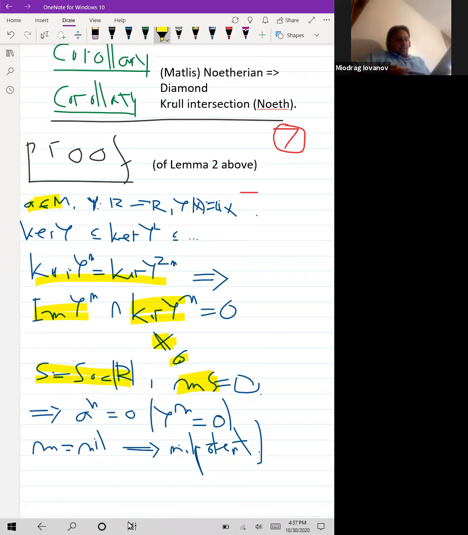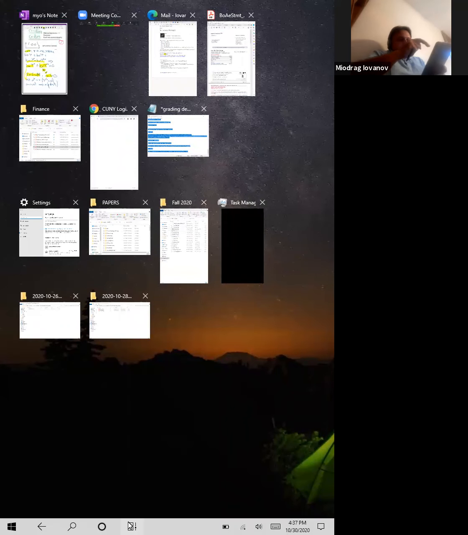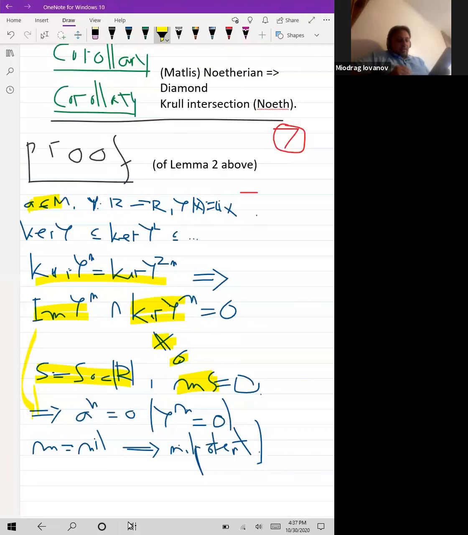But this socle is also essential here, which means that the intersection of two non-zero things cannot be 0. So if the second thing is 0, the only thing we get is that, in fact, the first thing has to be 0. So phi^n is the 0 map, or a^n is 0. So you get that m is nil, and therefore nilpotent, since the ring is Noetherian.